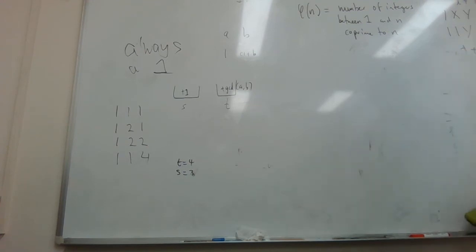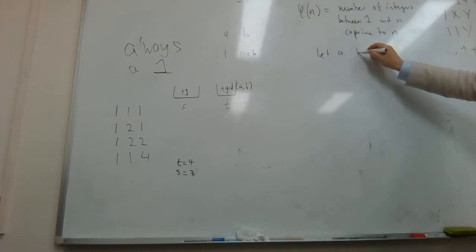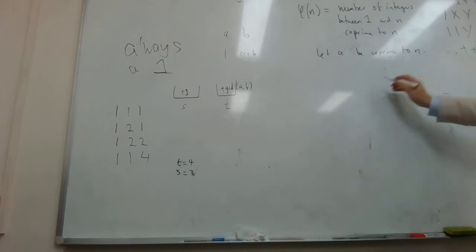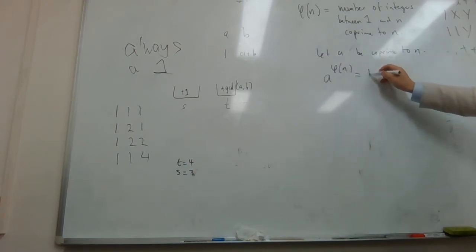So actually, these are exactly all the numbers which have an inverse mod n. So let a be co-prime to n, then Euler's theorem says a to the phi of n is equal to 1 mod n.